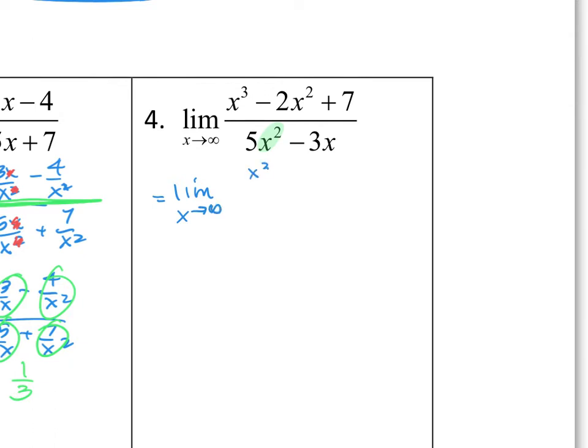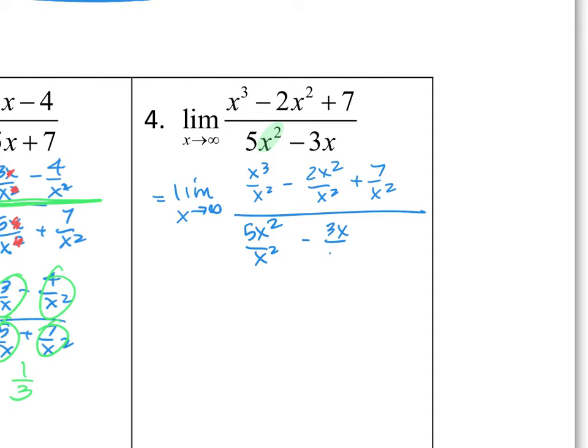So we have x cubed divided by x squared, minus 2x squared divided by x squared, plus 7 over x squared, 5x squared divided by x squared, and minus 3x divided by x squared. So what happens is we have to again see what we can simplify.